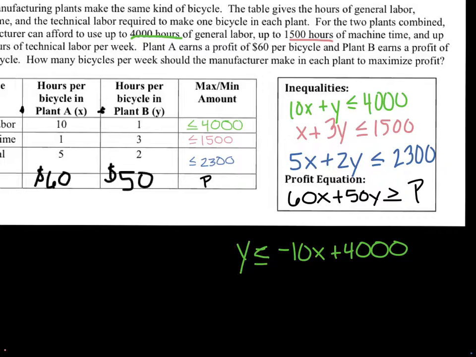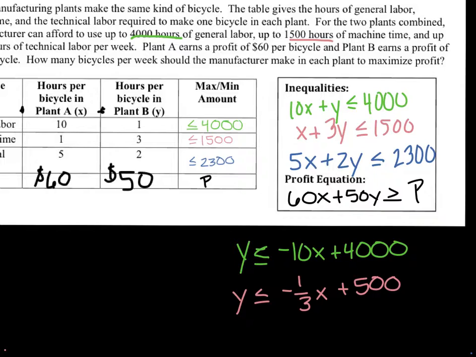Our second one, when we rearrange it, we have to subtract that x and then divide everything by 3. So 1x divided by 3 will give us 1/3 x, but we subtracted it over, so it's negative. And then plus 500 because 1500 divided by 3. And lastly, subtract the 5x over and then divide everything by 2.